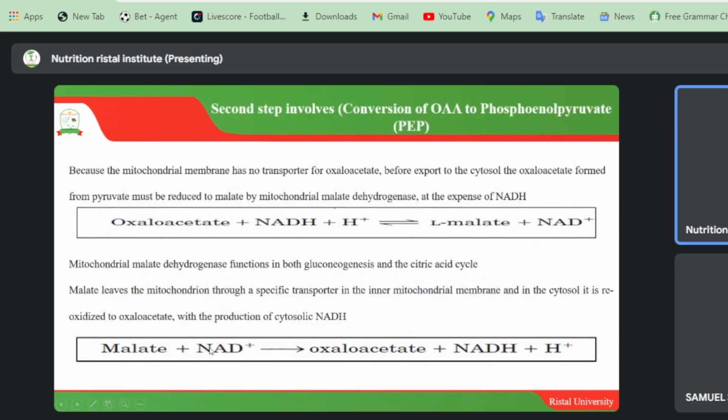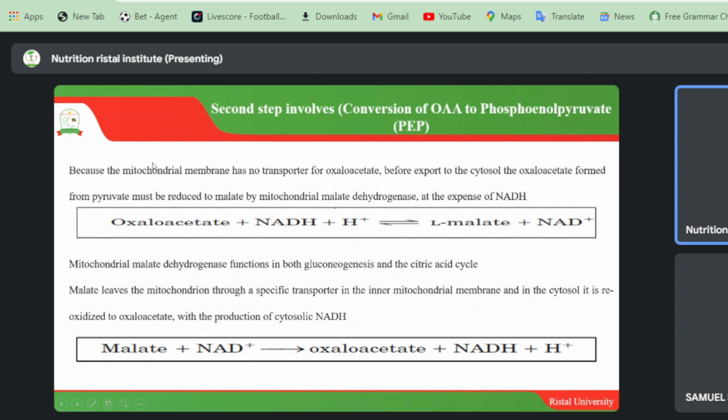And the mitochondrial membrane does not have transporters for oxaloacetate. So before export to the cytosol, the oxaloacetate formed from pyruvate must be reduced to malate.